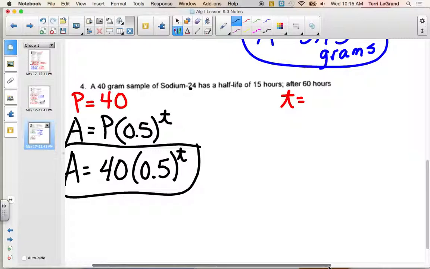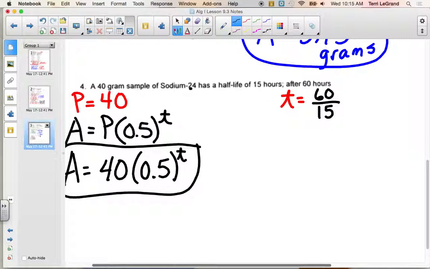Okay, so I'm going to guess by now you all have your model. How are we going to get our T value this time? 60 divided by 15. Okay, it's a 60-hour time period divided by the half-life of 15 hours. Caution: always make sure those match. Sometimes they'll do it differently. This one has a half-life of 15 hours.